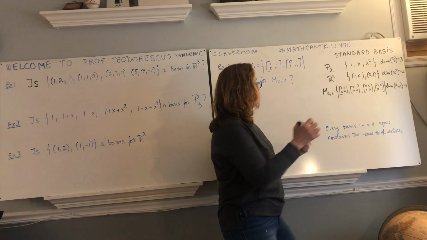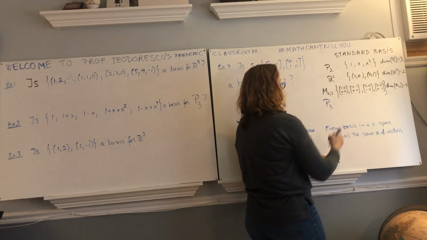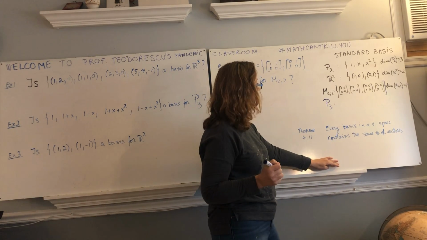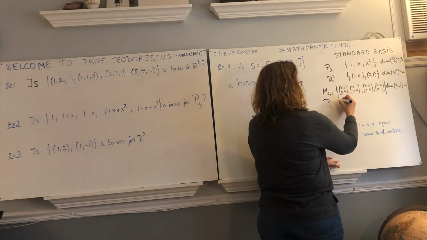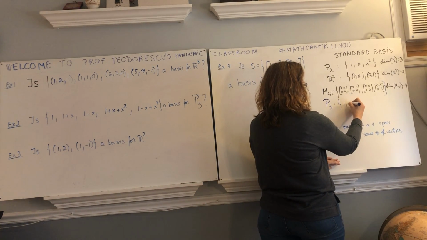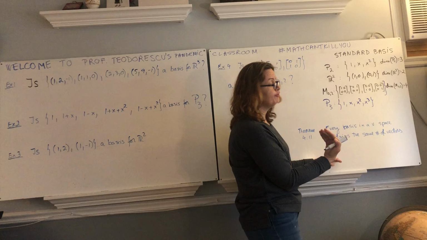Similarly, you might guess that for P3, the set of polynomials of degree 3 or less, the standard basis is 1, x, x squared, and x to the third, because you can span all of P3.